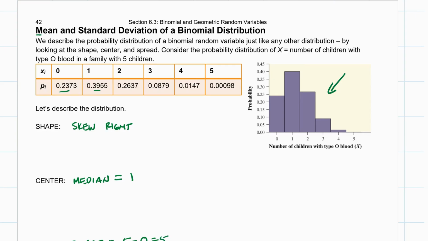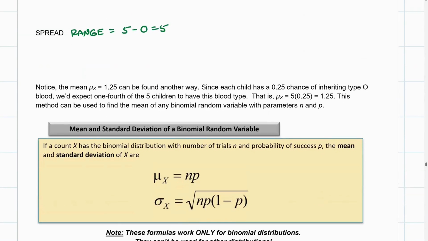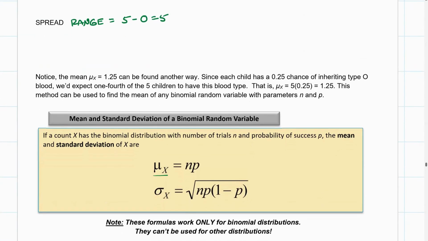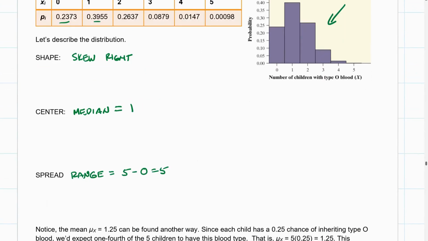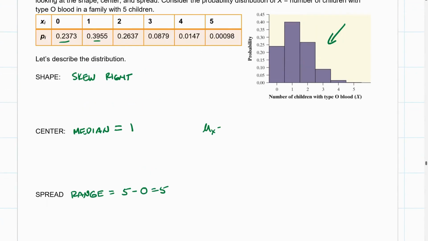But could we get at the mean? Well, down below here, we see we have a formula. The mean of a random binomial variable x is n times p, and the standard deviation of the random variable x is the square root of n times p times 1 minus p. So we might say that the mean here is 5 times 0.25, which ends up being 1.25.